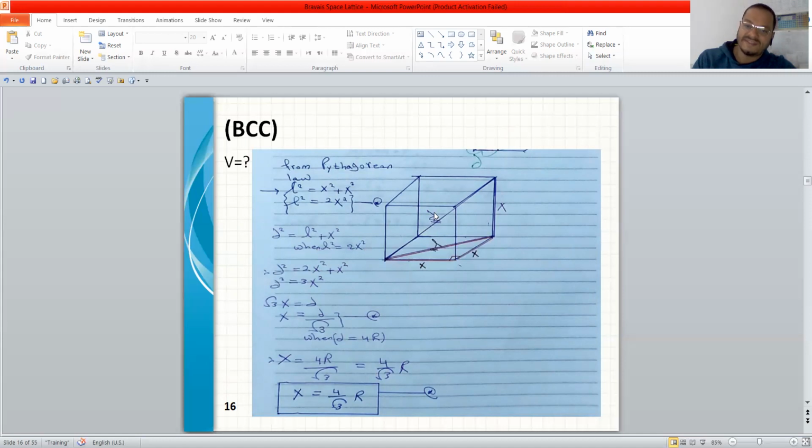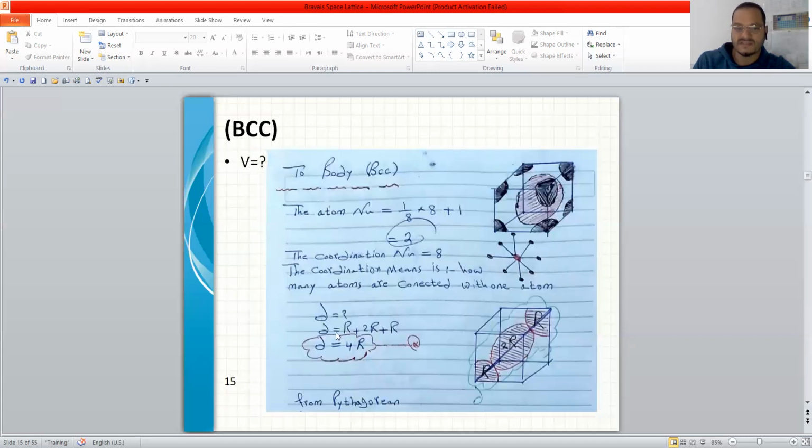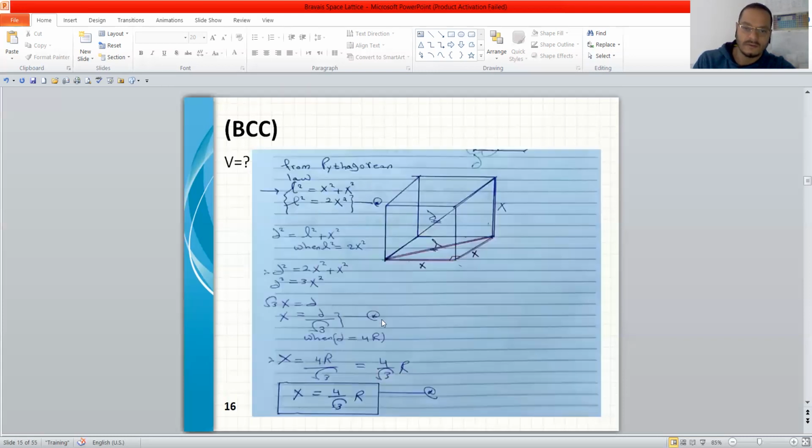Now to calculate D squared, D squared equals x squared plus L squared. L squared, like we know, equals 2x squared, so D squared equals 3x squared. After that, x equals D divided by root 3. When D equals 4R from the previous slide, x will equal 4 divided by root 3 times R.